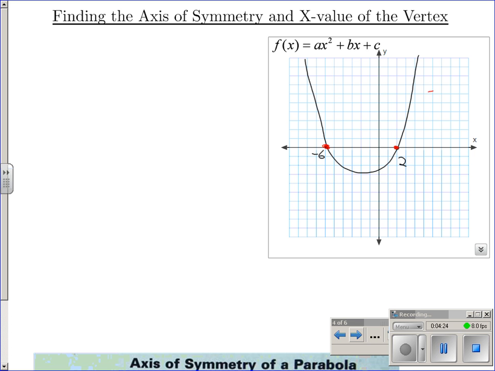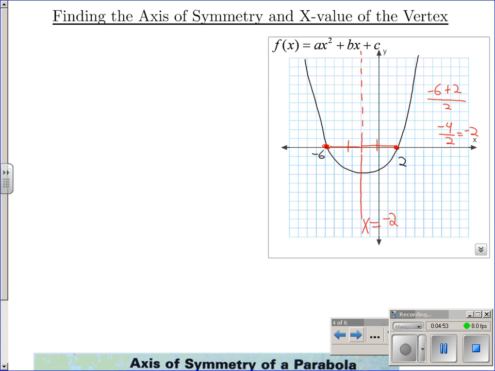It's just an average. Negative 6 plus 2, divided by 2, gives negative 4 over 2, which is negative 2. There is our axis of symmetry, at x equals negative 2, halfway between the two zeros, the two x-intercepts. So that's the idea here.